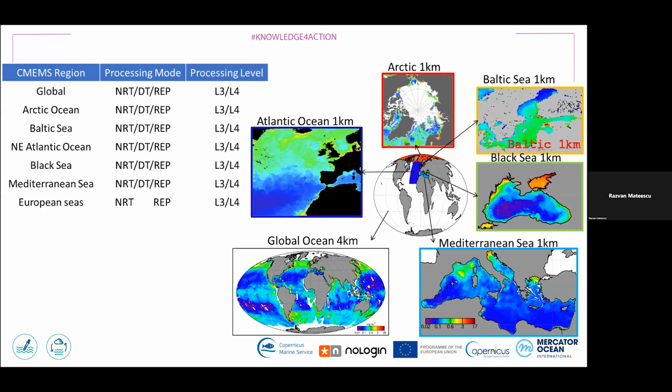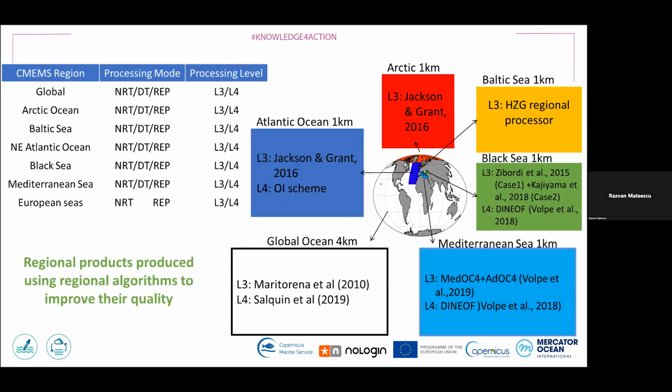So for all these 6 domains of data, there are regional products produced using a regional algorithm. Regional and local algorithms are very important to improve the quality of Earth observation data.